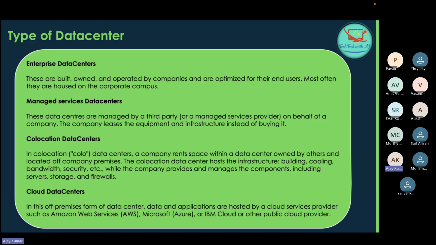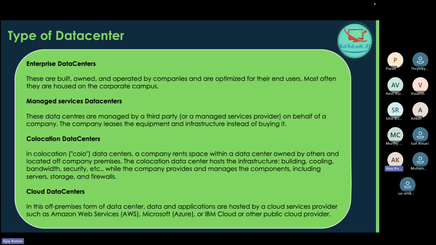Sometimes it's also possible that on the same managed service data center, five other organizations have the same type of equipment in the same campus, same space, same place. The third is co-location data centers.